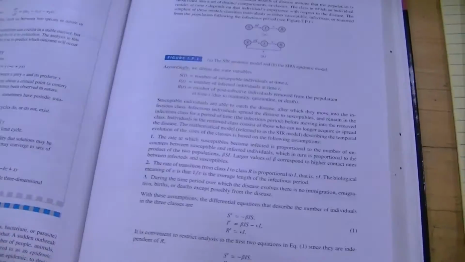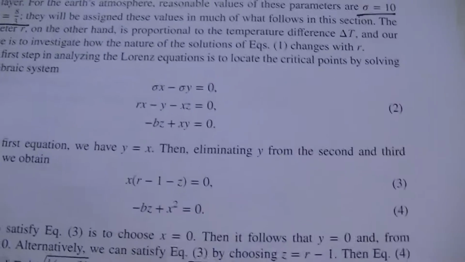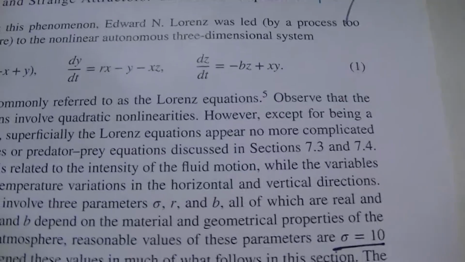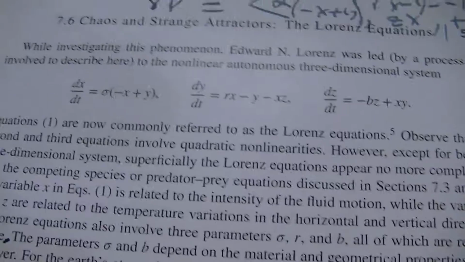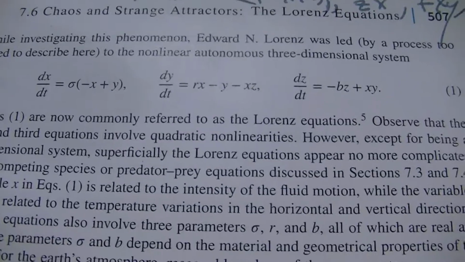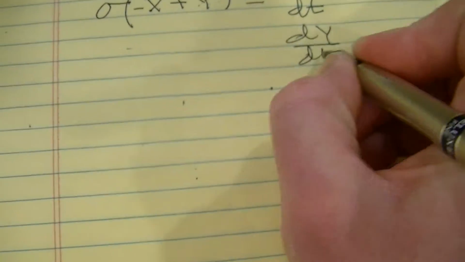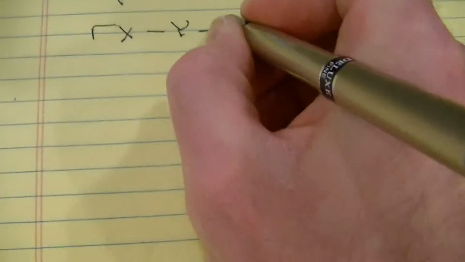Here we are, 7.6. And these are the Lorenz equations. So it's dx/dt equals lambda times negative x plus y. dy/dt is equal to rx minus y minus xz.